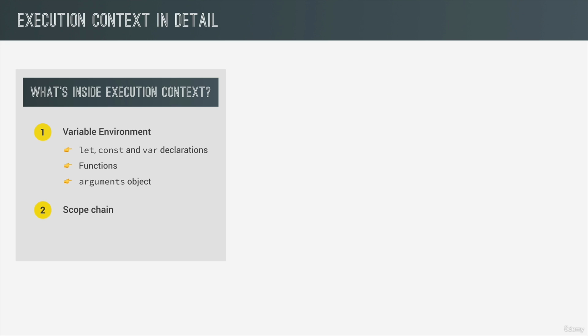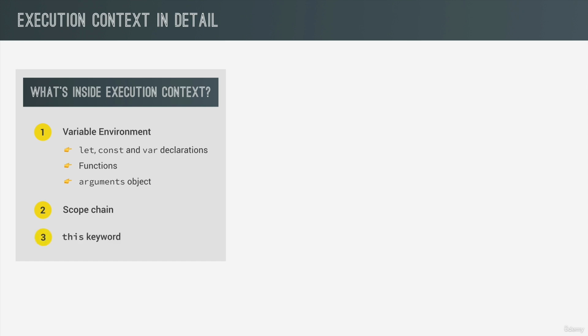But for now, what you need to know is that the scope chain basically consists of references to variables that are located outside of the current function. And to keep track of the scope chain, it is stored in each execution context. Finally, each context also gets a special variable called the this keyword.